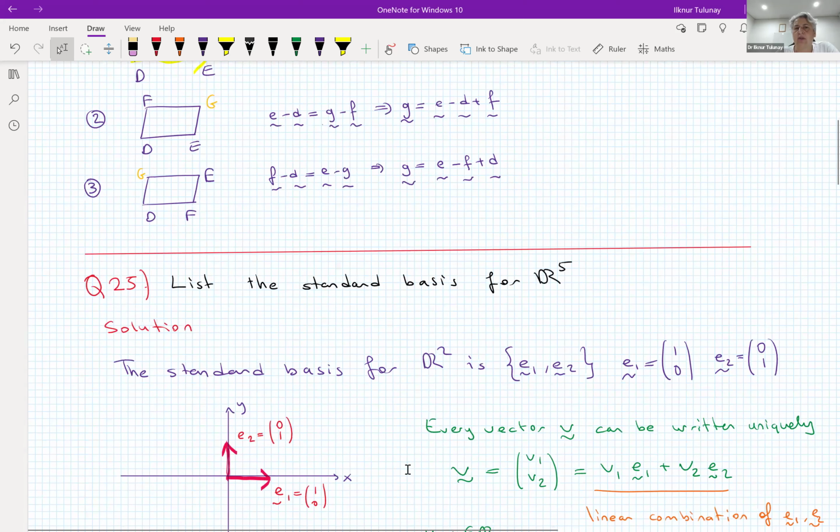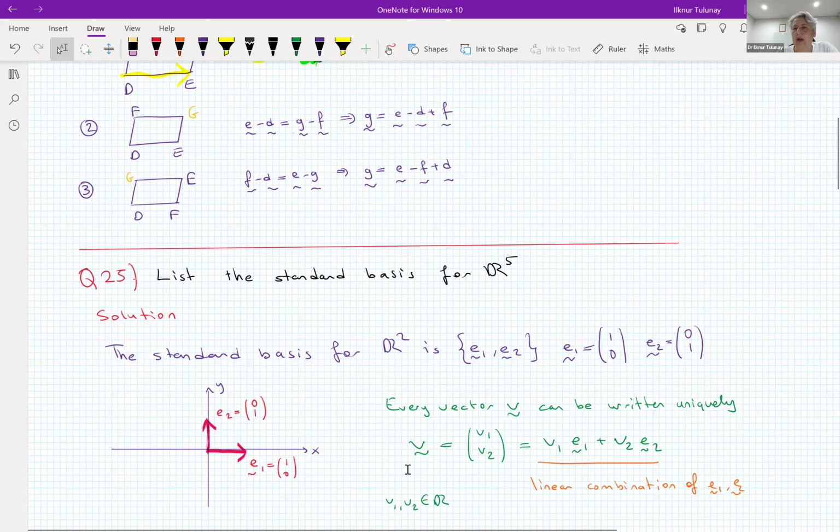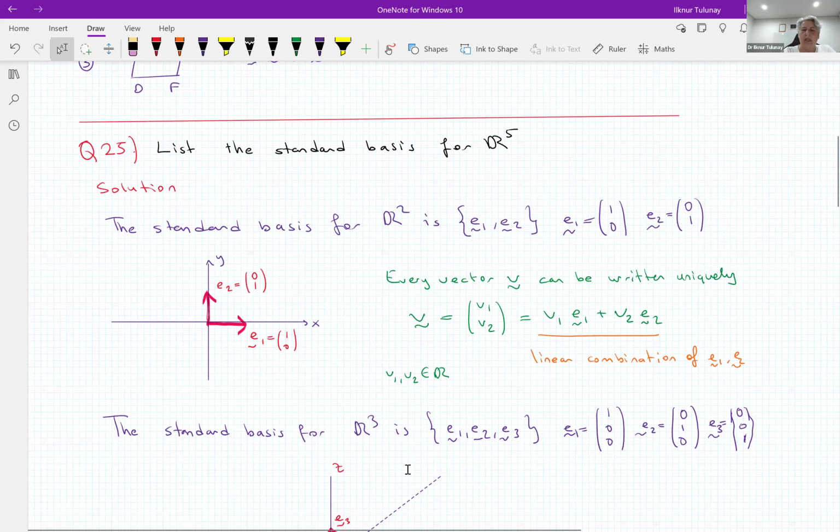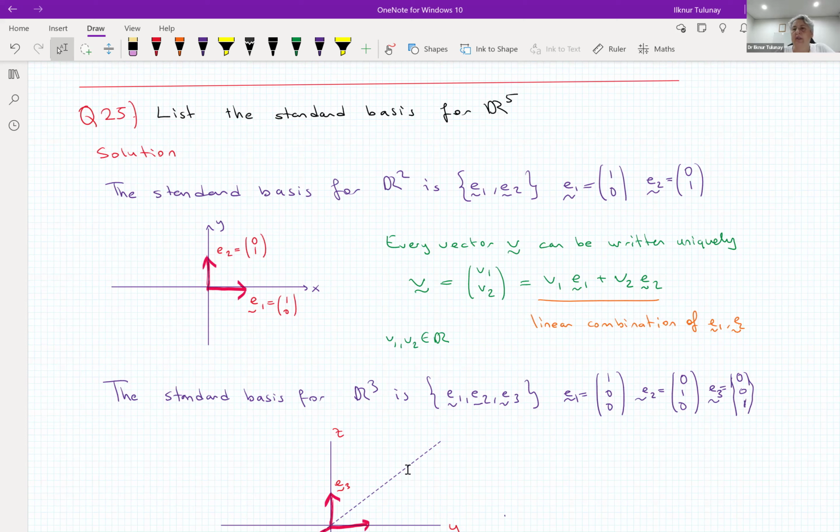Now let's talk about standard bases of R5. Now, these are the main part of this course, this algebra. We will work on vector spaces. The vector spaces that you're working with are infinite objects. And in order to be able to handle infinite objects, we would like to use a tool that makes our calculations easier and actually doable.